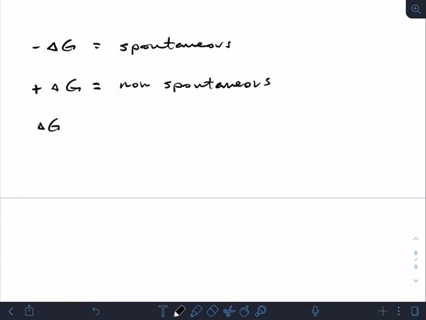A positive delta G, as you might suspect, is non-spontaneous. And when delta G equals 0, here's a new idea we can do with this: now we can talk about things that are at equilibrium. So we can get a sense of whether this thing is going to automatically run on its own, whether it's not going to run on its own, or whether it's at an equilibrium state.